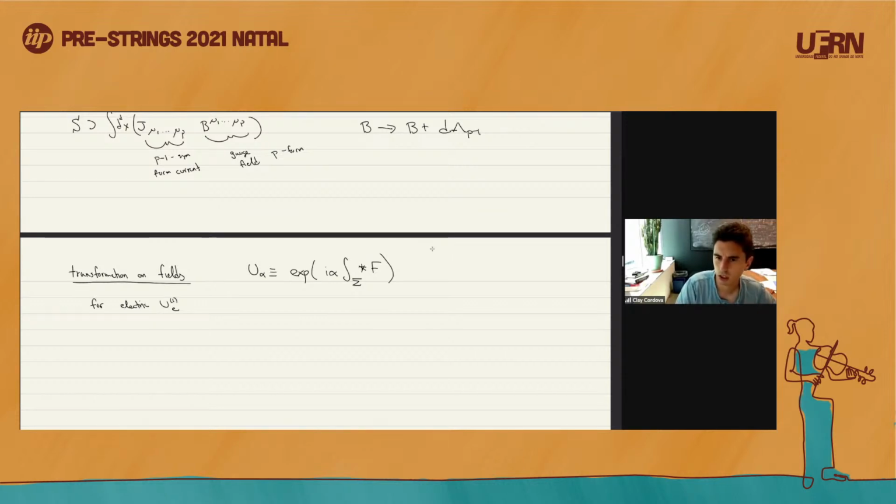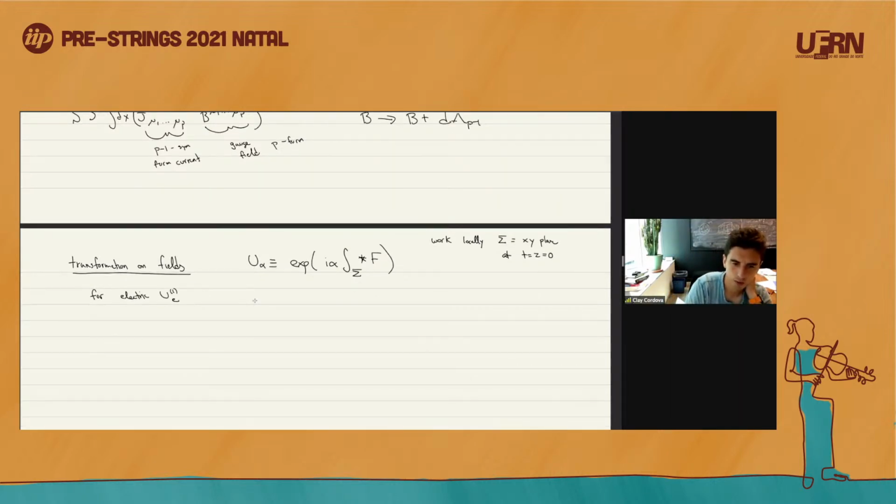So let's work locally, which means that I'll take sigma to be the XY plane at t equals z equals 0. So we're imagining we're basically in R4. Sigma is the XY plane, t and z are 0, and so this is our U. And what I'd like to show you is that we can think of this U as being related to doing a simple transformation on the fields.